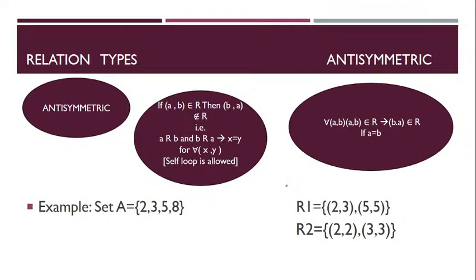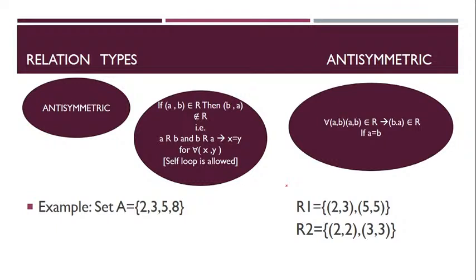So A to A, is that bidirectional? Yes, we can say in some sense it is bidirectional. So in case of antisymmetric, it is saying no bidirectional edge except self loop.